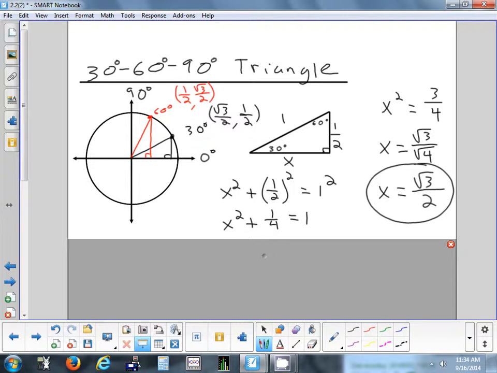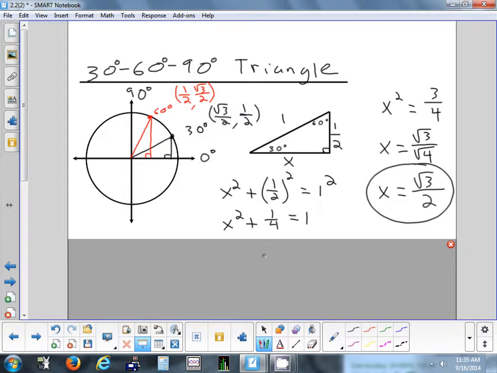So the only coordinates you need to memorize are 45. That one's easy because they're the same: root 2 over 2, root 2 over 2. And then your 30, which is root 3 over 2, 1/2. And your 60, which is reversing it, 1/2, root 3 over 2. If you know those three coordinates, you can do any of the quadrants on this circle, even though we're only focusing on quadrant 1.